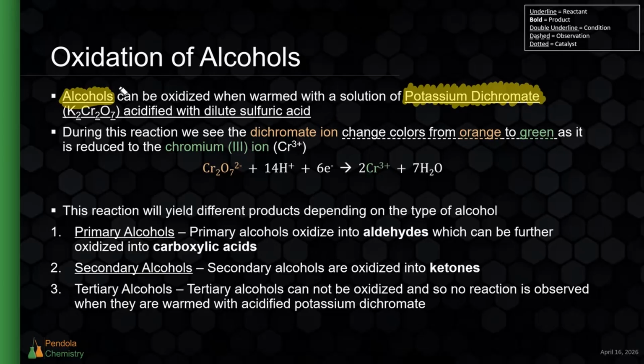Potassium dichromate or potassium permanganate that has been acidified with sulfuric acid. So this reaction essentially needs three reactants: the alcohol, the sulfuric acid, and either potassium dichromate, which is the example we're using here, or potassium permanganate. Remember, potassium permanganate being KMnO4.